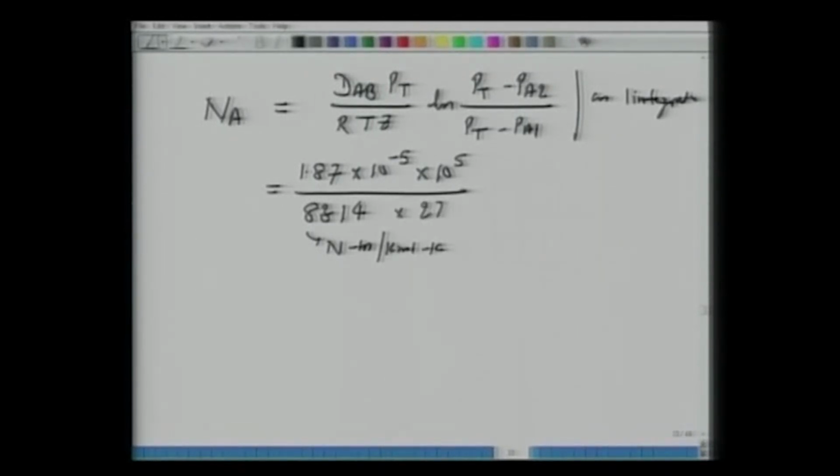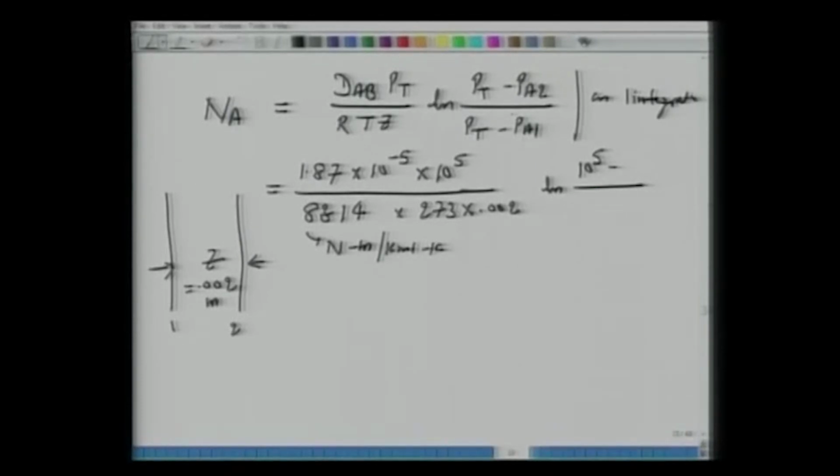Temperature is 0 degree Celsius or 273 Kelvin, and the diffusion length, the distance between the two planes Z between 1 and 2, is 2 millimeter, which is 0.002 meter. Then ln of total pressure 10 to the power 5 minus partial pressure at location 2, which was 6500, over total pressure 10 to the power 5 minus partial pressure at 1, which was 13,000.